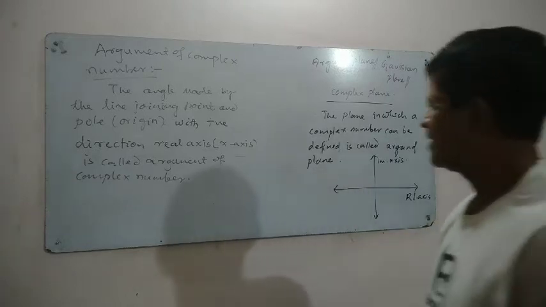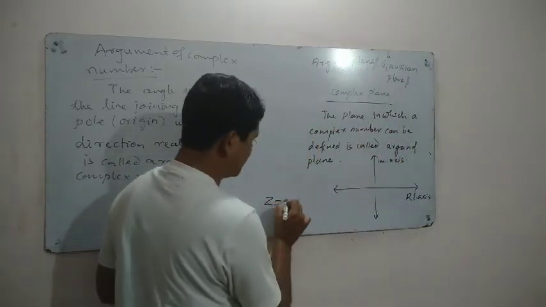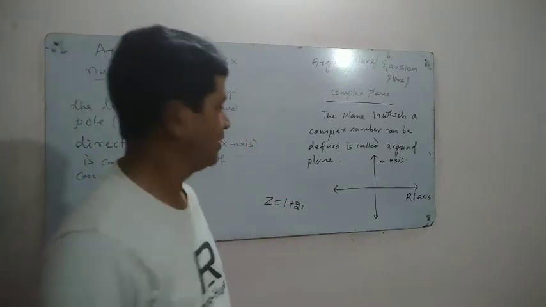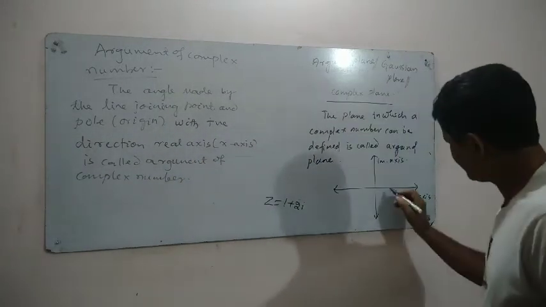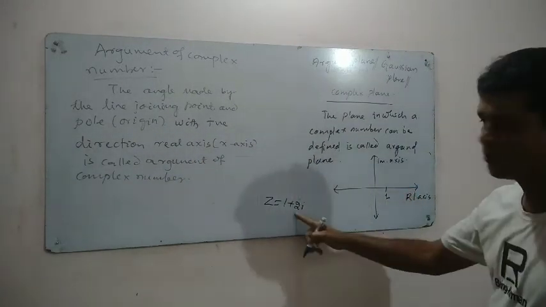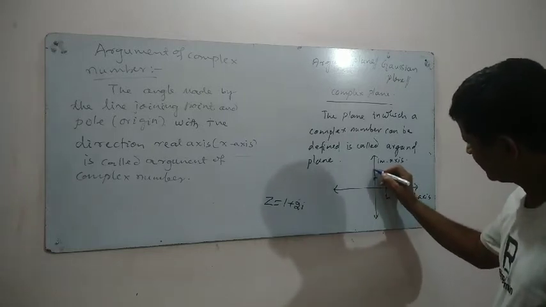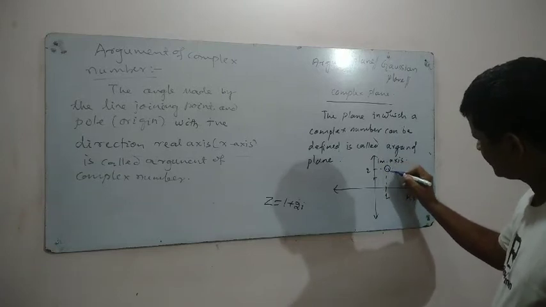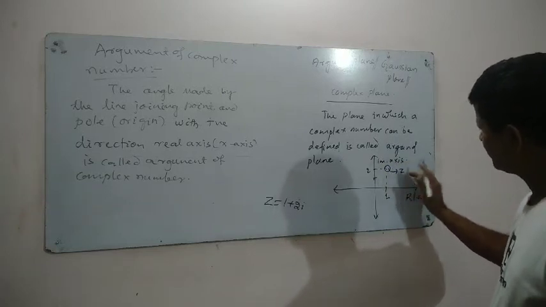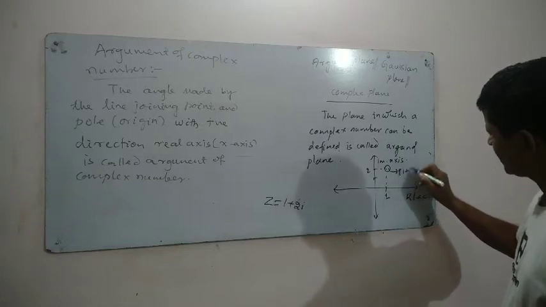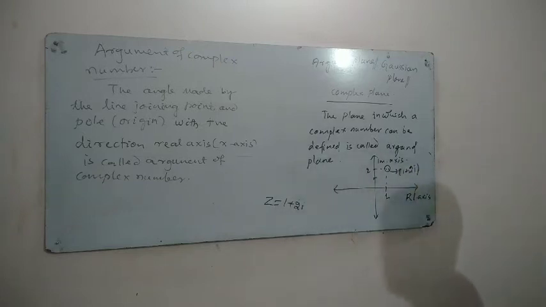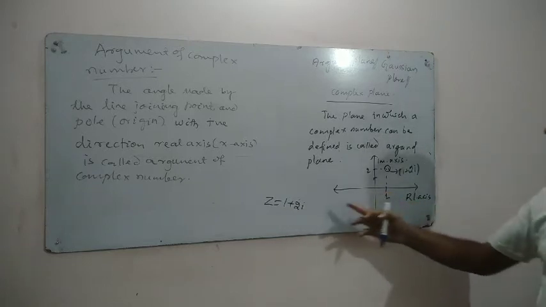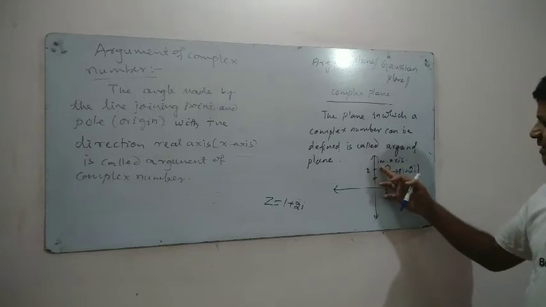Let us look at the point z equal to 1 plus 2i. How to represent this point? The real part is 1, so you take 1 on the real axis, and 2 on the imaginary axis.